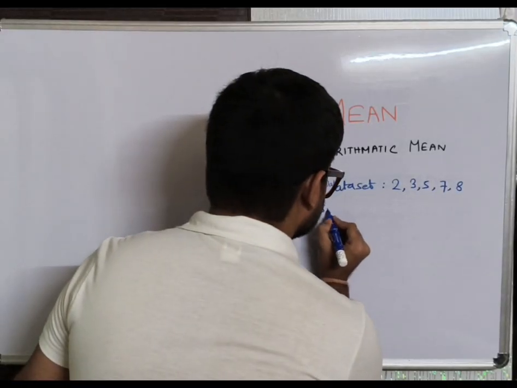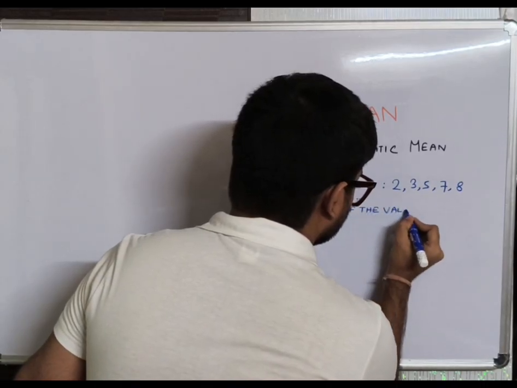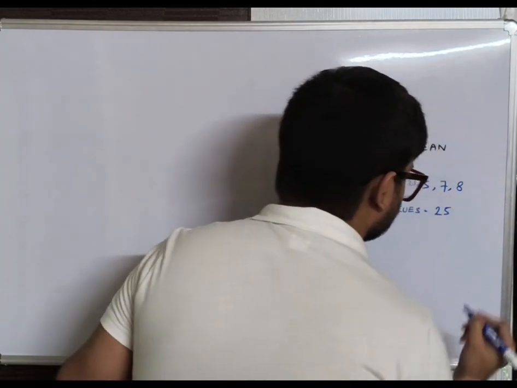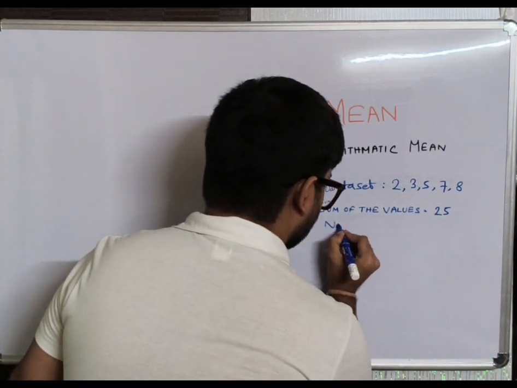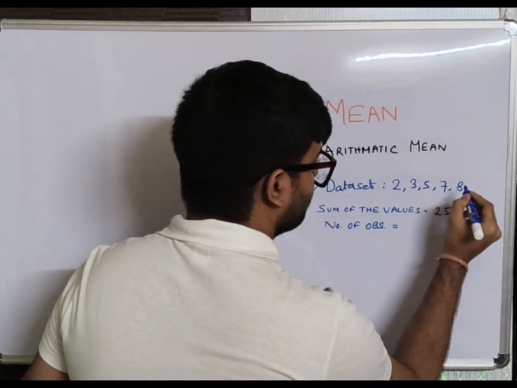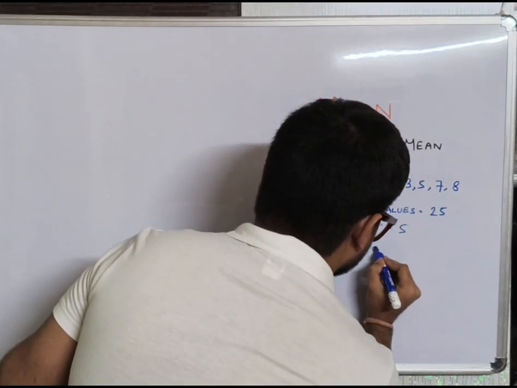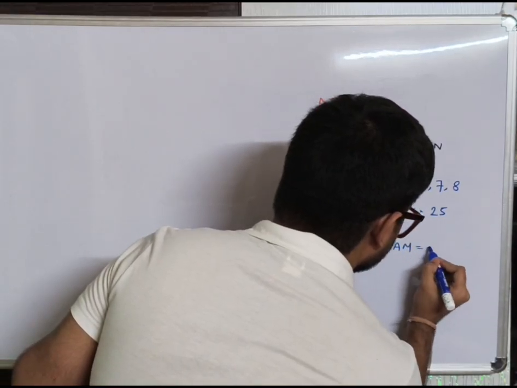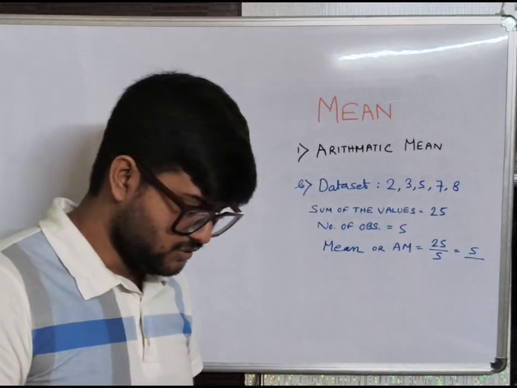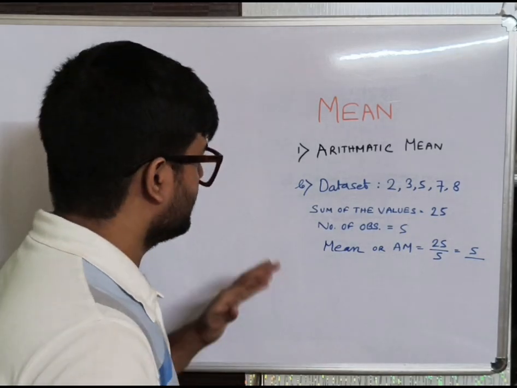Now the sum of the values here would be 25, and the number of observations is 1, 2, 3, 4, 5. So here the mean or arithmetic mean would be 5. So this is how we calculate the mean, that is the arithmetic mean, in practice.